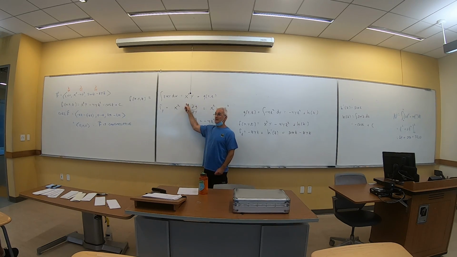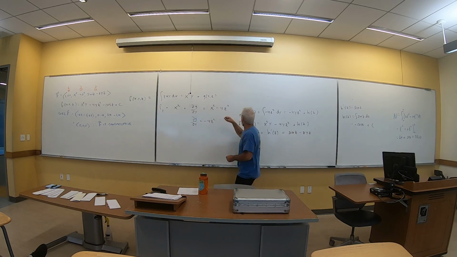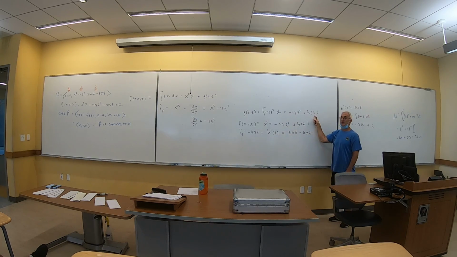But what if there are terms that don't have x's? They would have gone away on that first partial derivative, so that's where we account for them here. There can't be an x here, but there can be both a y and a z. Now, could this still be a plus c? Sure. It could be, but if I say plus c, then I won't be able to finish the problem. So I say plus whatever variables are still left, and that's why here, that was the only variable left. And now we got to the end of the problem.